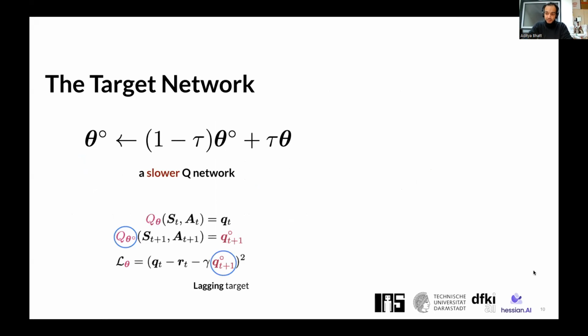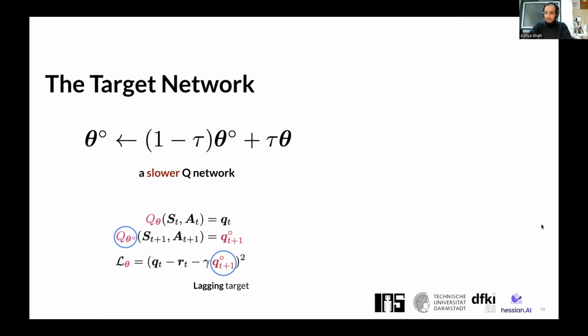And the way this has an effect on your TD learning is that you're going to use this slower Q network to predict your regression targets, your Q t plus 1, which has the effect of somehow slowing down the bootstrapping, the credit assignment backwards in time that is characteristic of value-based methods in reinforcement learning.